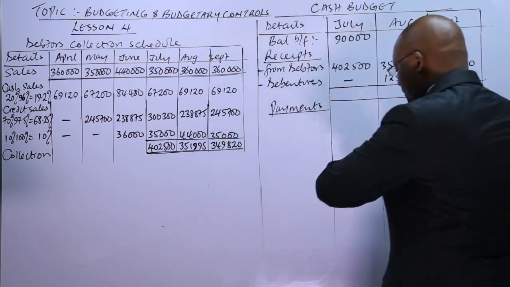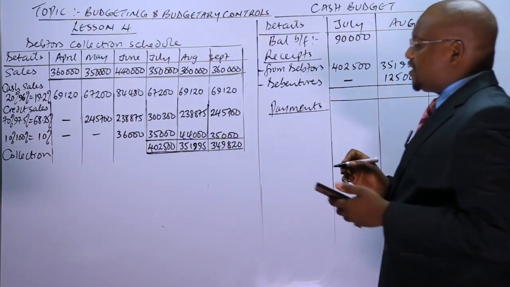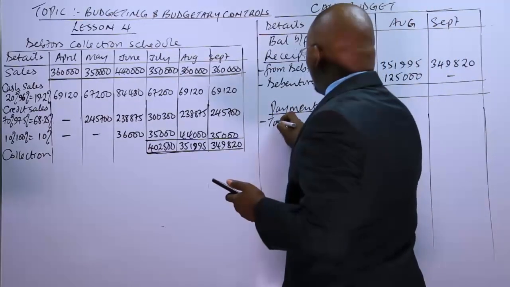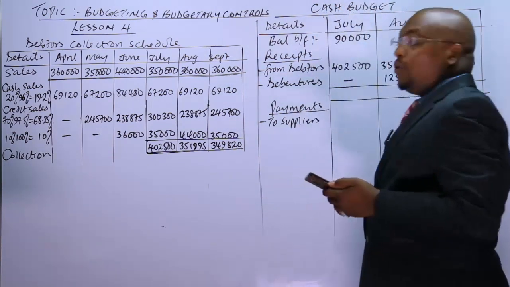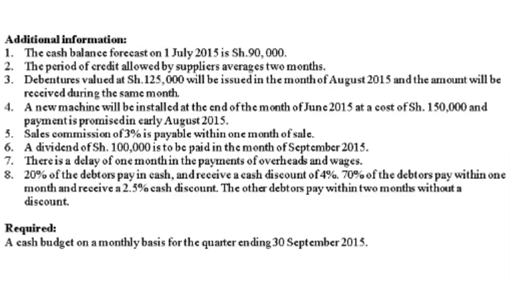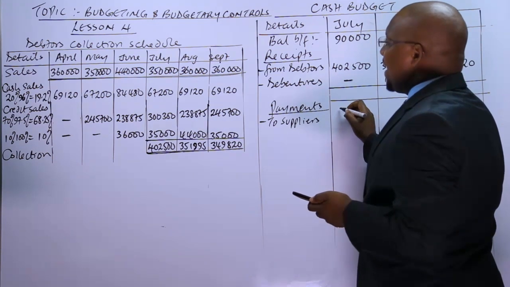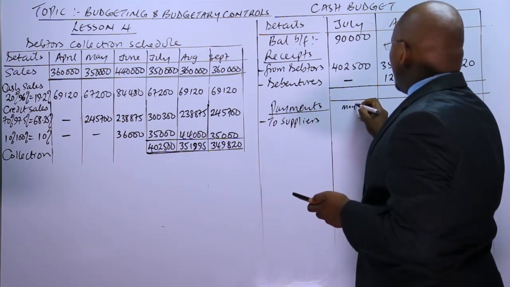Now the payments, we start with the suppliers. So these 2 suppliers. Now we need to note something, that we have been told in information number 2 that we are given 2 months. So in the month of July, we expect to pay the suppliers for the month of May.